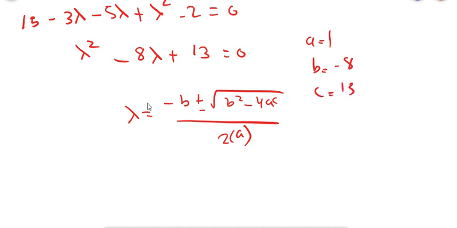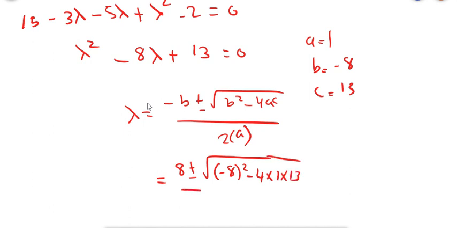So here you have minus b, which is 8, plus or minus square root of minus 8 square minus 4 multiplied by 1 multiplied by 13, over 2 multiplied by 1.